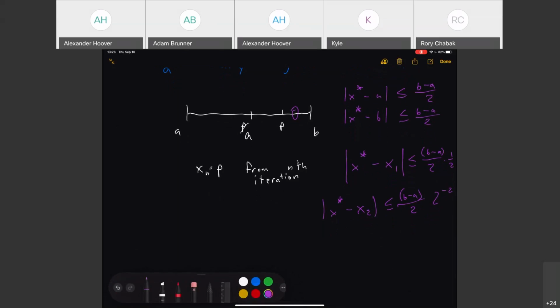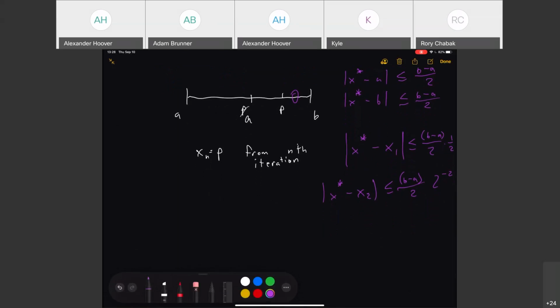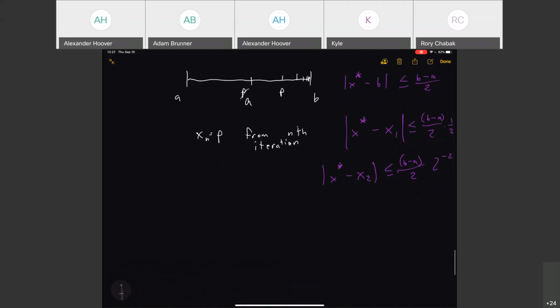And you keep going with this, right? The farthest possible distance is always going to be, for each iteration, so what's happening here is it's saying, okay, the distance from x star to x_n is at most (b minus a) over 2 times 2 to the negative n.